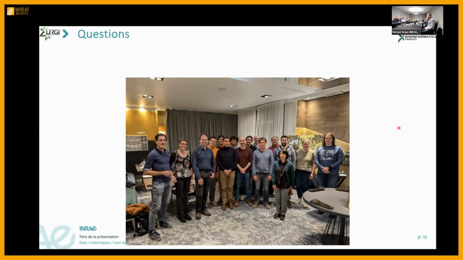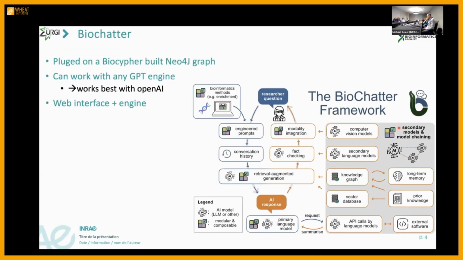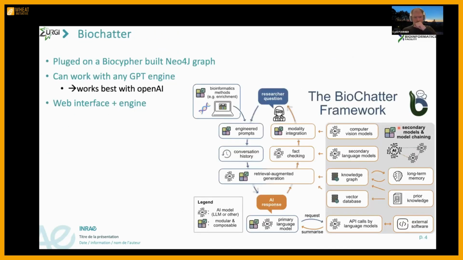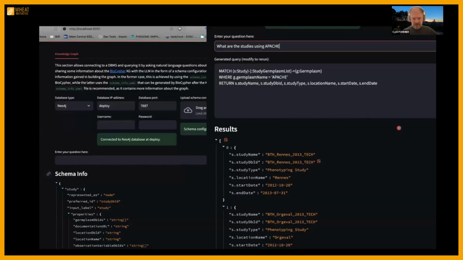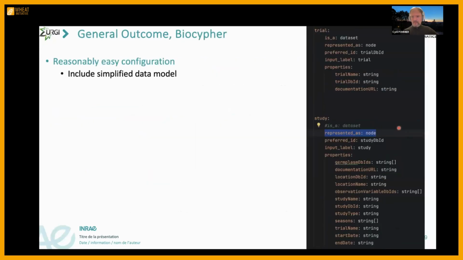I'm not sure I have understood if there is a kind of built-in model in BioCypher. Does it imply having its own model? So there is a foundation ontology, BioLink, that is used at the loading stage. Here it is.